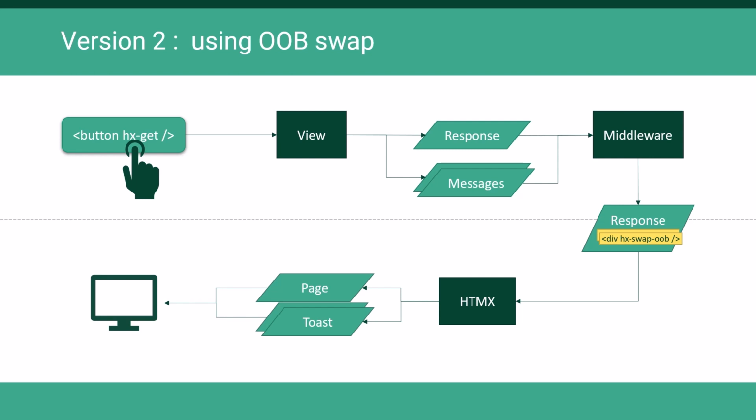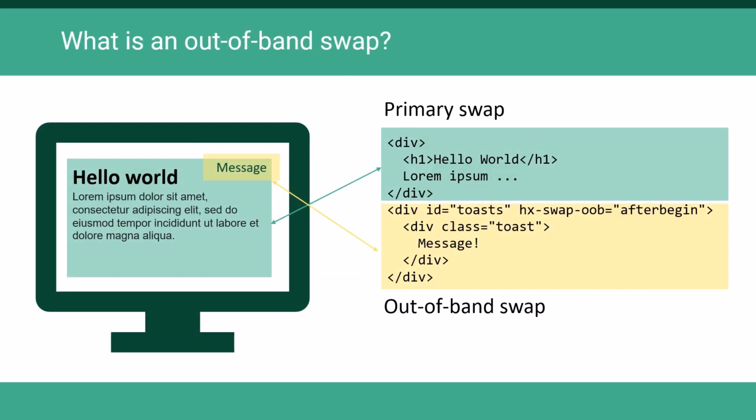This is what HTMX calls out-of-band swaps. They are out of band because they are not part of the primary swap. Instead, they target specific elements of the DOM. This technique is more in line with HTMX's philosophy of rendering the HTML in the backend. In this graphic, I try to represent the primary swap and the out-of-band swap.